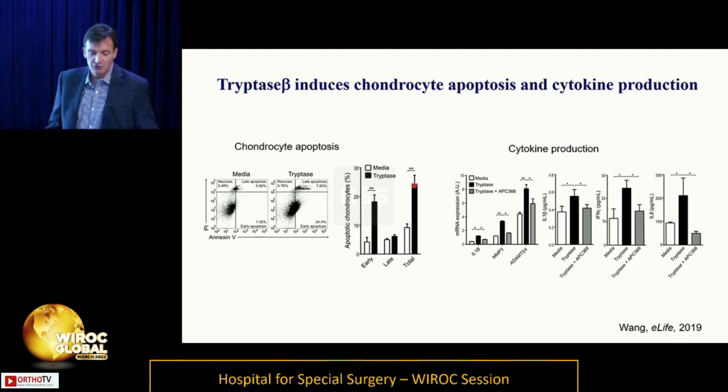And further, if you do quantitative PCR and look for expression of different inflammatory cytokines implicated in the pathogenesis of OA, so IL-1 beta, MMP3, and aggrecanase, in all cases, the black bars, the tryptase incubated, there's increased transcriptional expression of IL-1, MMP3, and the aggrecanase, and the tryptase inhibitor blocks that increase in all cases.